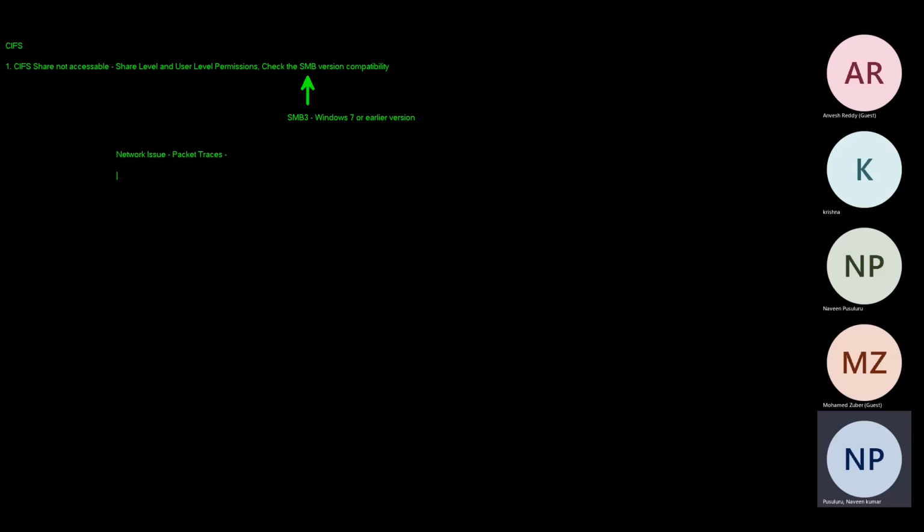What if you get a complaint that all the shares are inaccessible on the storage? So many people are complaining that they are not able to access the shares from a particular storage. No one will be able to get access to the shares.